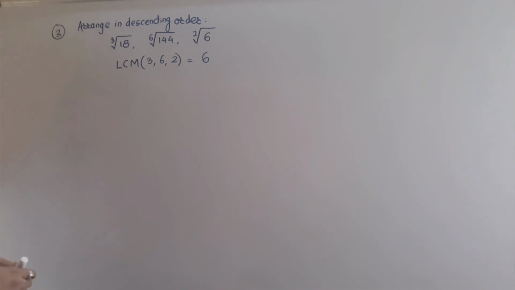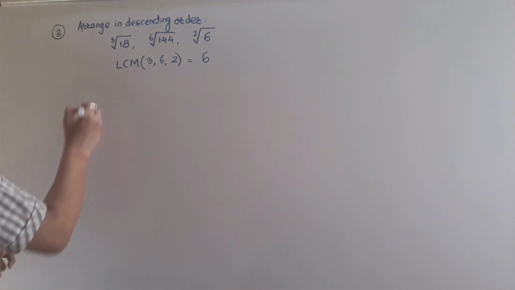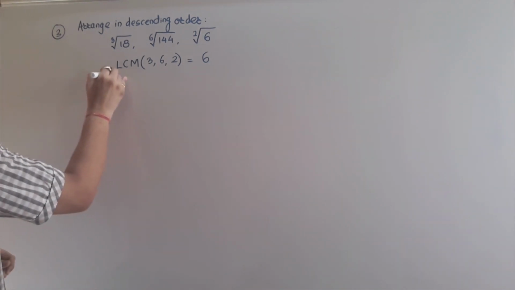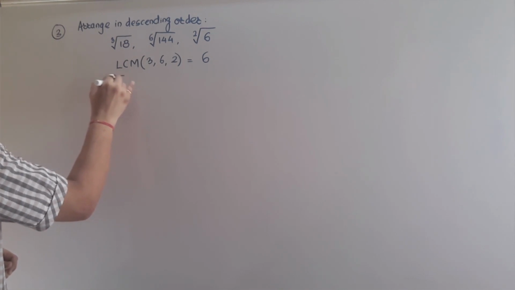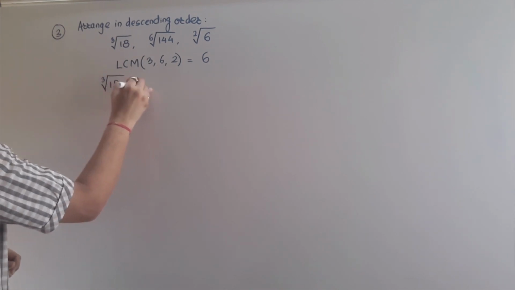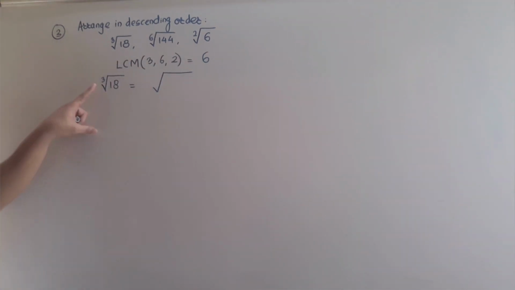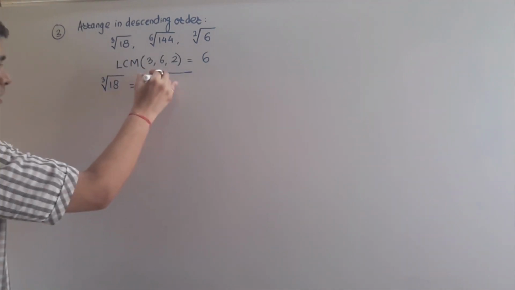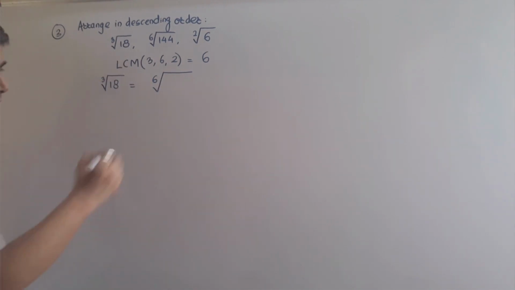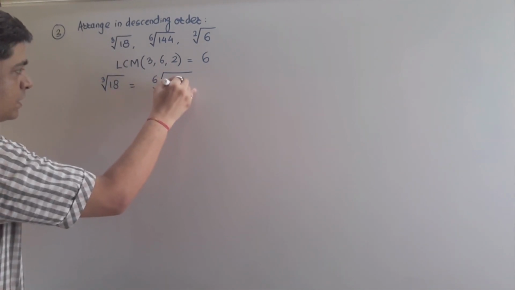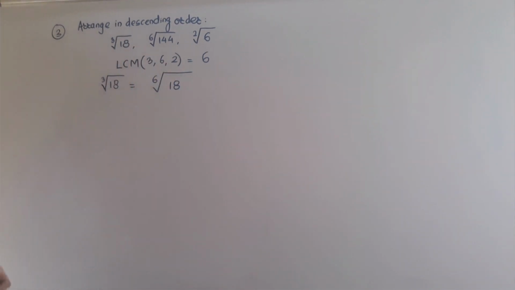Now first of all, cube root of 18 I will manipulate. What is the given order? 3. So I will write down here 6. Inside, what term have I been given? 18, so I will write 18 as it is.